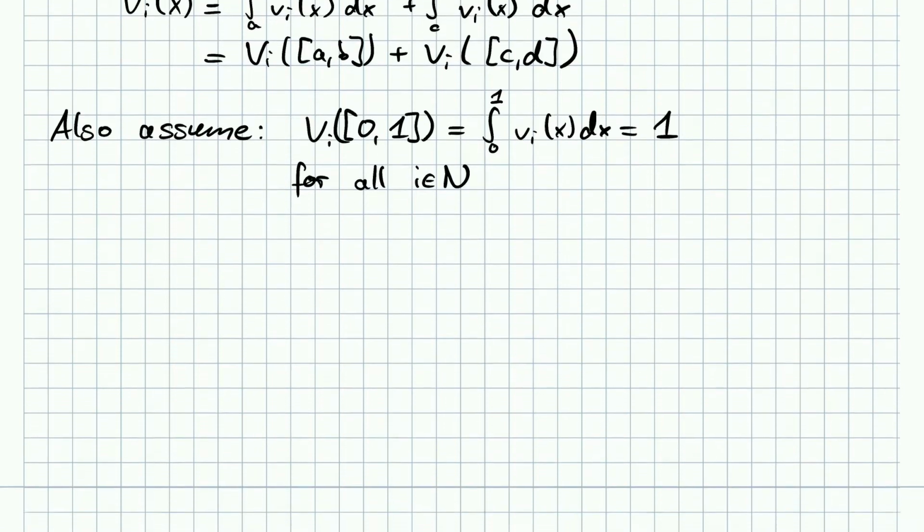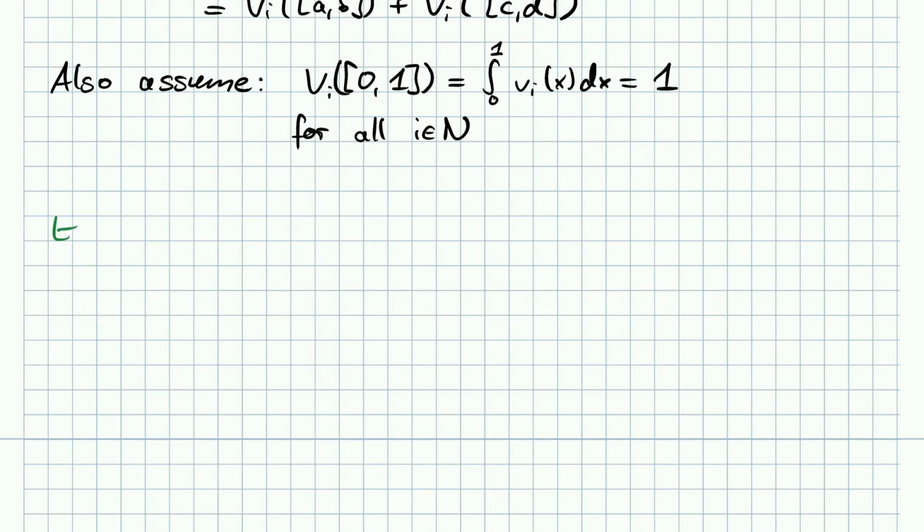So what might this now look like in concrete numbers? We might have somebody who just doesn't care which part of the cake they're getting. Then this density function would just be 1 everywhere.